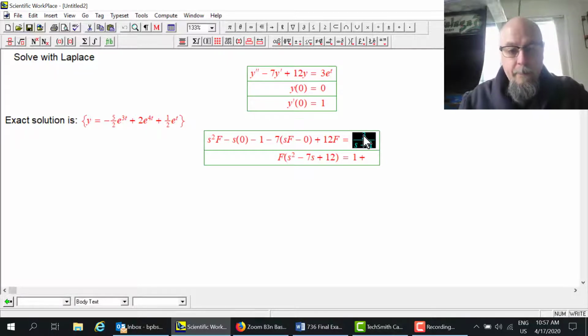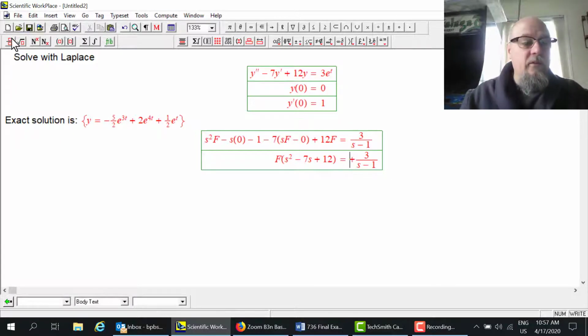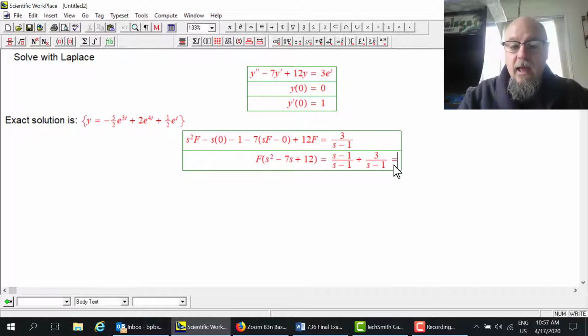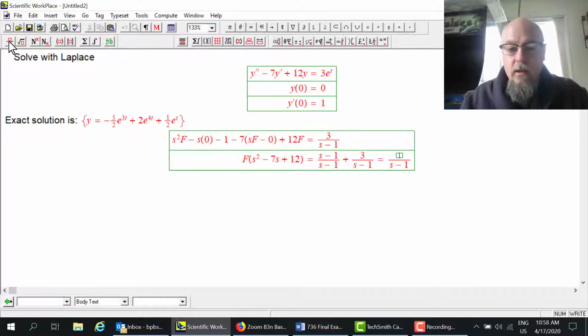So in our procedure, I think it's best to combine these together into one fraction before I divide out that auxiliary equation part. So instead of writing this as a 1, I'm going to write this as an s minus 1 over an s minus 1, because now it's a common denominator, and that's all going to be divided by the s minus 1. And what's on top? s minus 1 plus 3, that's s plus 2.